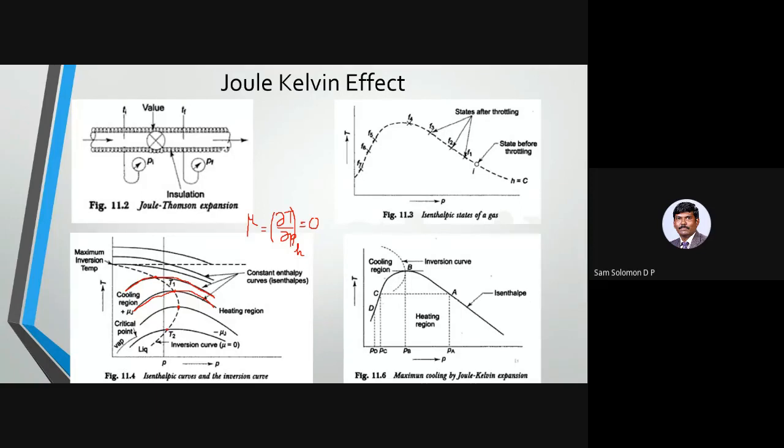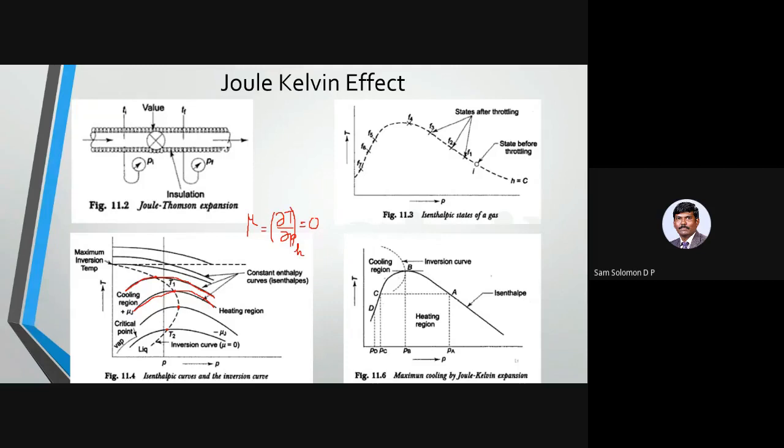And mu is equal to 0 at all the maxima points. Okay. And if you are able to join all those mu equal to 0 points, that gives you the inversion curve. Okay. And if you look at it, this curve divides the cooling region and the heating region.